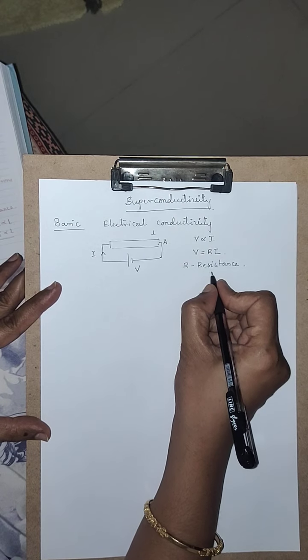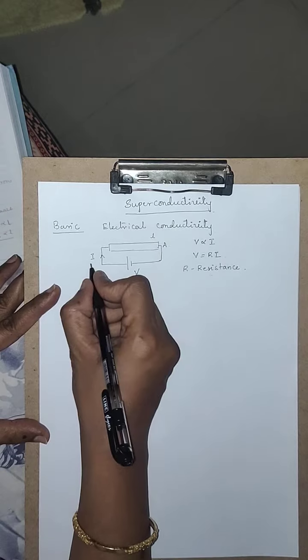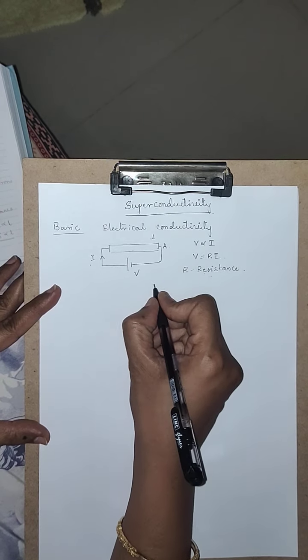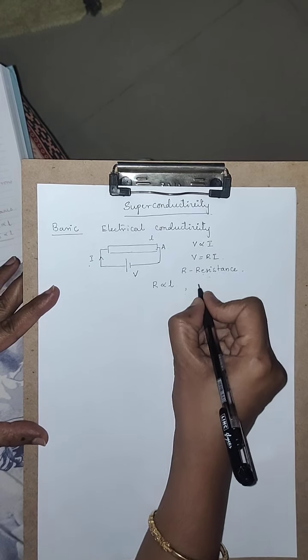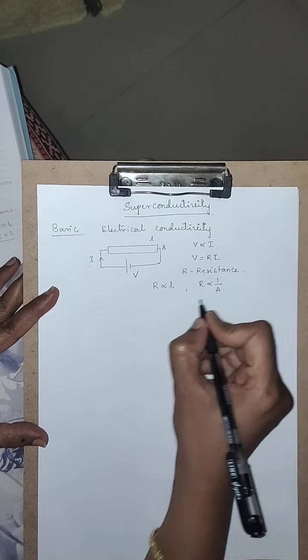The resistance is the internal property of the material to oppose the flow of the electric current. And clearly we know that R is directly proportional to the length of the conductor, and R is inversely proportional to the area of cross section.